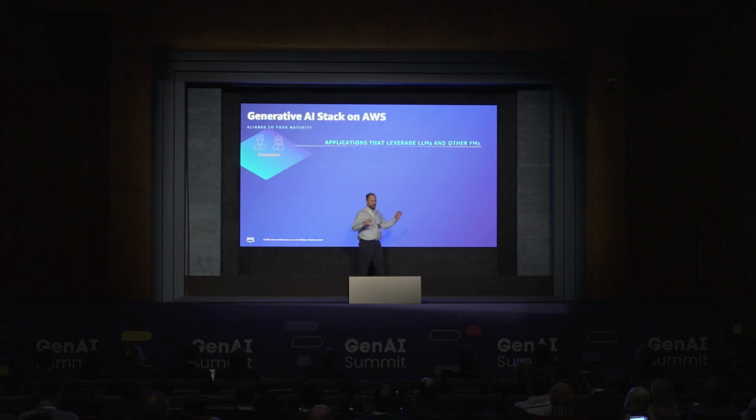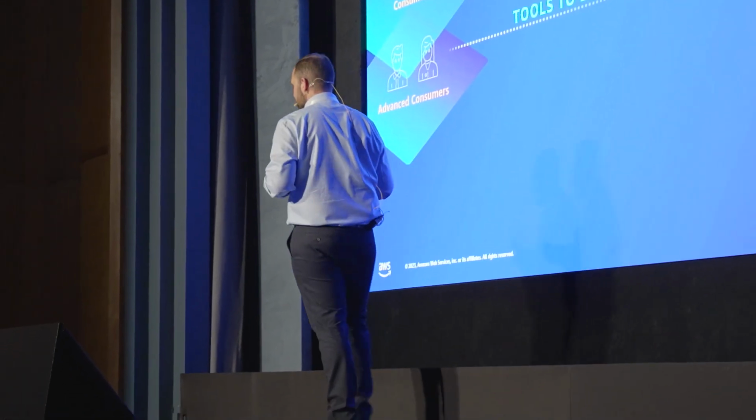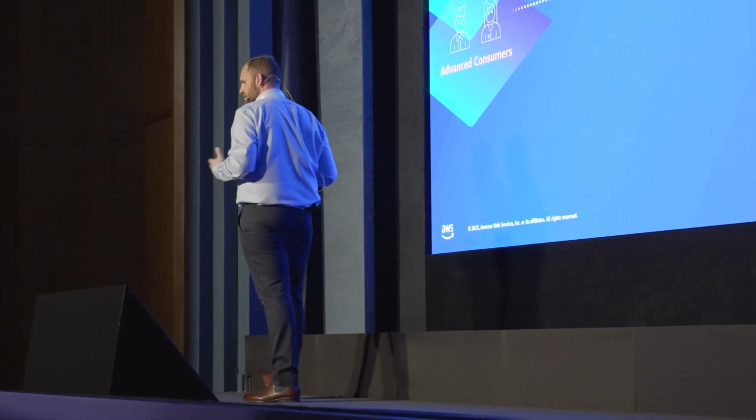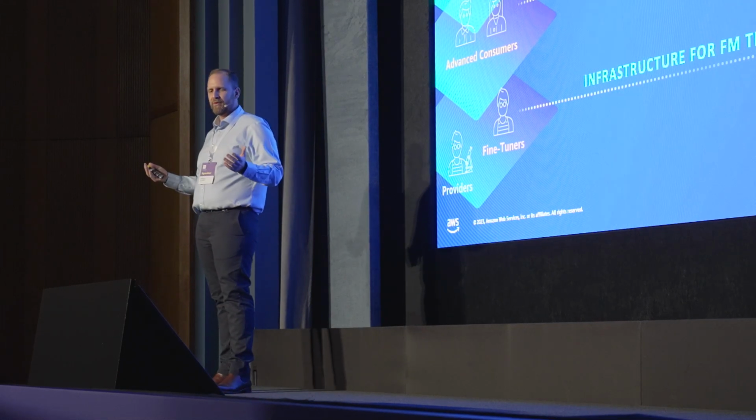What we saw so far is we have the consumers, right? That want to use just applications that leverage generative AI. We have then advanced consumers that want to explore the LLMs, want to use APIs to call them, etc. And finally, what we have is the layer of the more advanced users or fine-tuners and providers that want to have full control of their models.